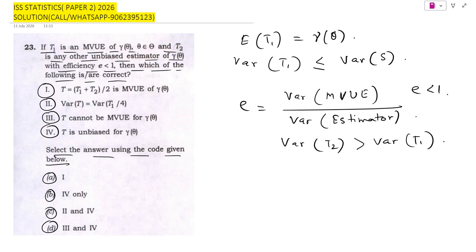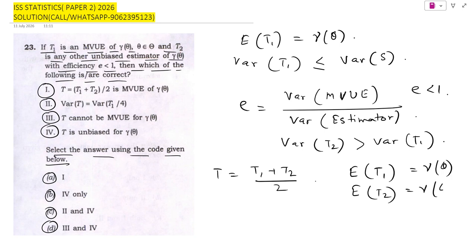Okay. Now, T is what? T1 plus T2 by 2. And since both the estimators are unbiased, expectation of T1 is gamma theta, and T2 is also gamma theta, and therefore E of T will be half into E of T1 plus E of T2.